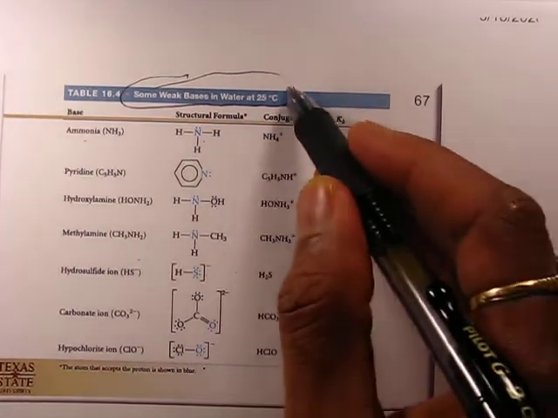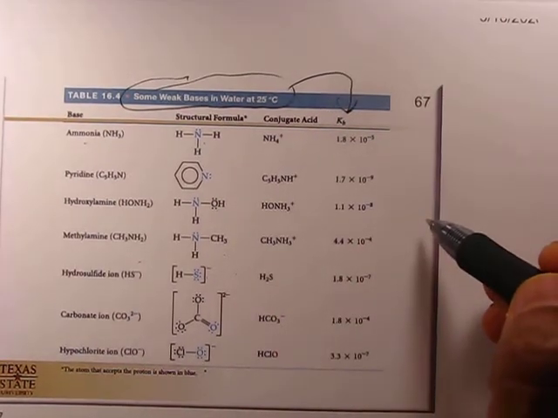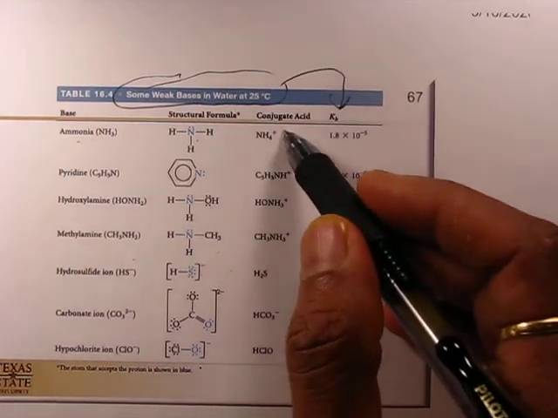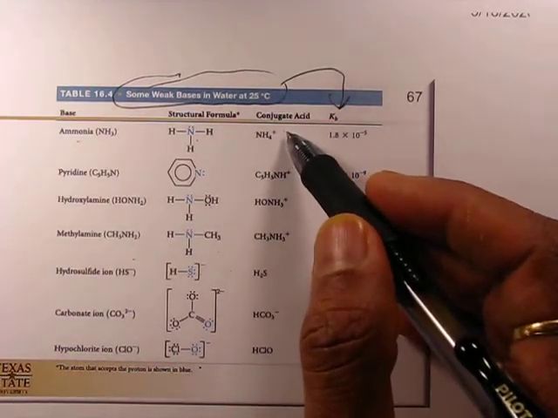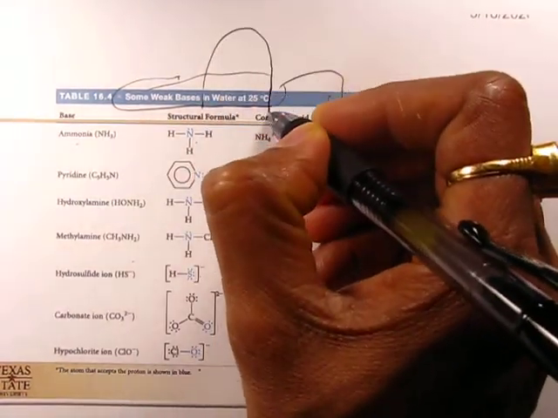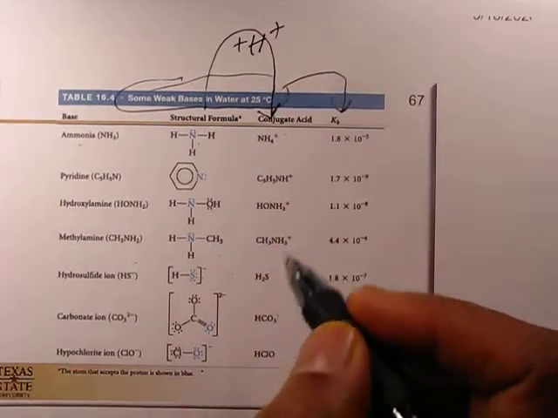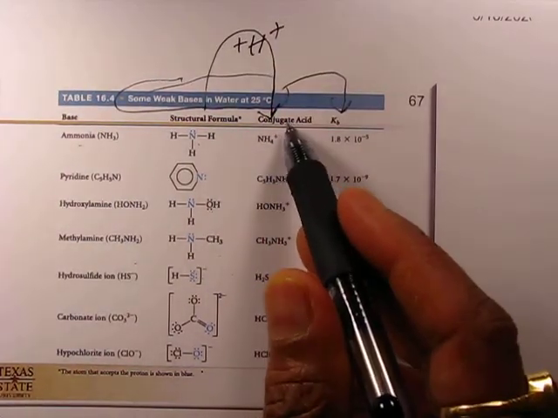So these Kb values are measured values at 25 degrees Celsius, and their conjugate acids. Conjugate acid means once they accept one proton, plus one proton, right? Once they accept it, they are called the conjugate acid.